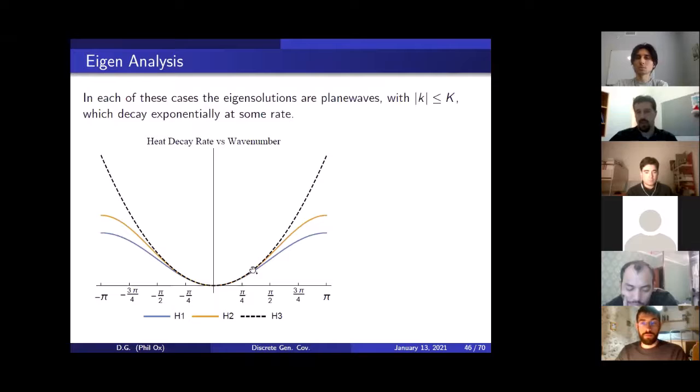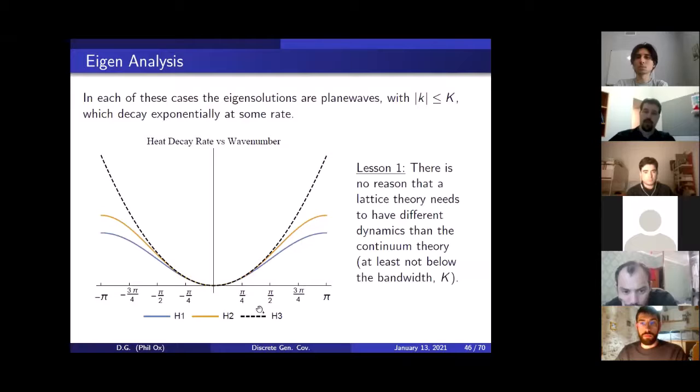In H3, you have something that matches the continuum decay rate up until the band limit, and then it stops, because these band limited theories only exist for wave numbers up to capital K. Right? And so they abruptly stop at this point, whereas the continuum, of course, includes all wave numbers out to infinity. But below that bandwidth, there's no difference between H3 and the continuum theory.